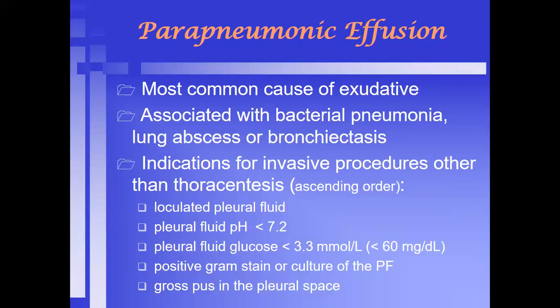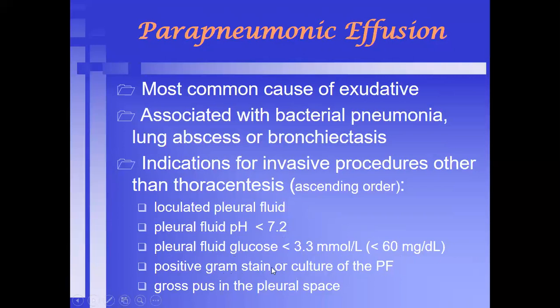In ascending order, meaning the one at the bottom is the most important: if you have a loculated pleural fluid; if the pH is less than 7.2, so the fluid is acidic, which is a sign of bacterial presence; if your glucose is low, less than 60 milligram per deciliter, again might be a sign of bacteria in the pleural fluid.